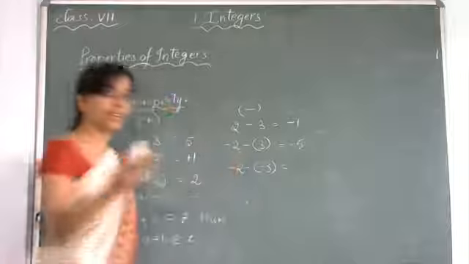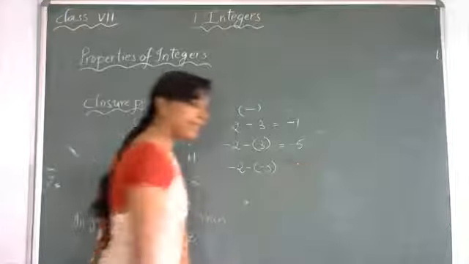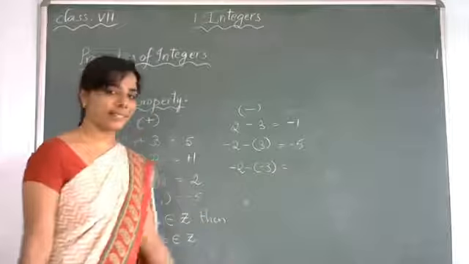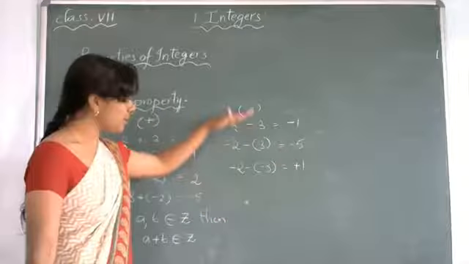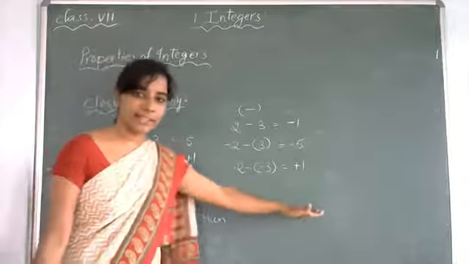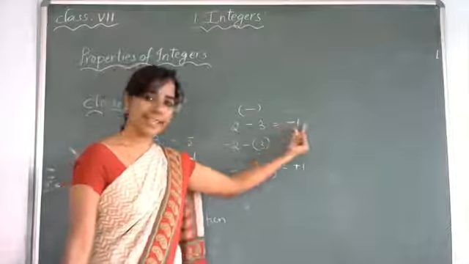That means two negative integers. If we subtract, what happens? Both are minus and we get plus 1. That is also an integer. So under subtraction also we get integers. If we take two integers and subtract, we get an integer as the result.